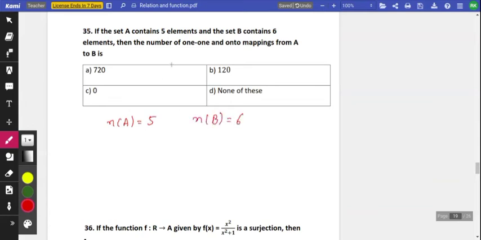You have to find the number of one-one and onto mappings from A to B. Basically, a one-one and onto mapping is only possible if the number of elements in A is equal to the number of elements in B. In this case, the number of elements in A is not equal to the number of elements in B. Therefore, mapping is not possible in this case. So the correct answer is C, zero mappings.